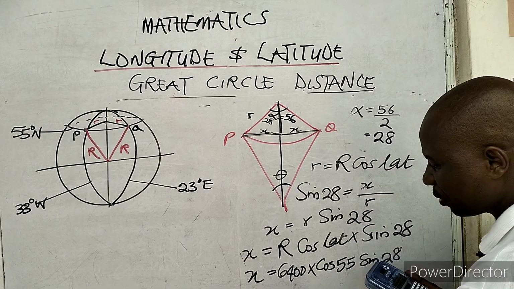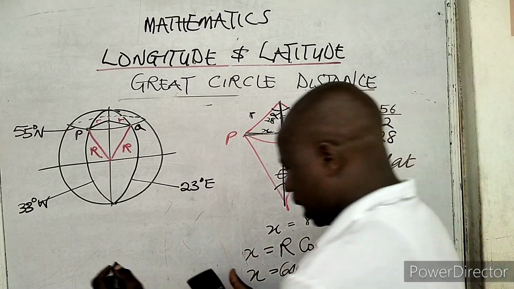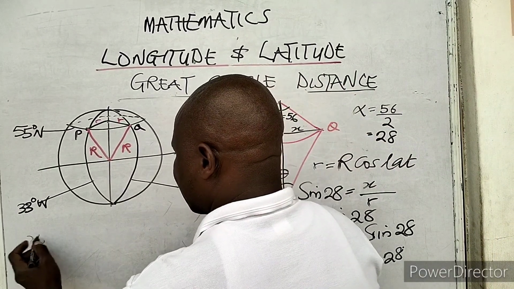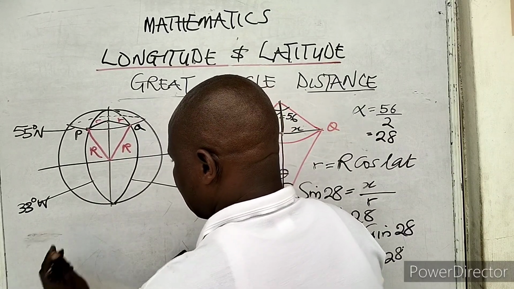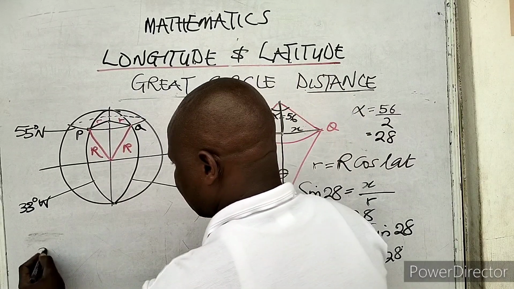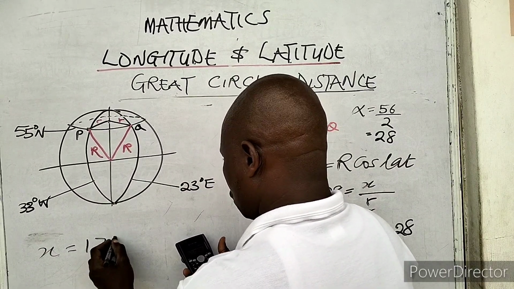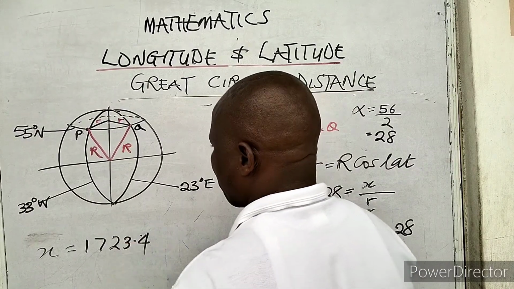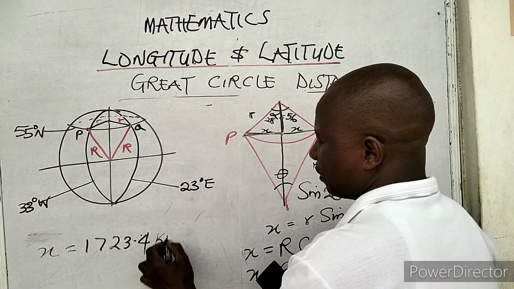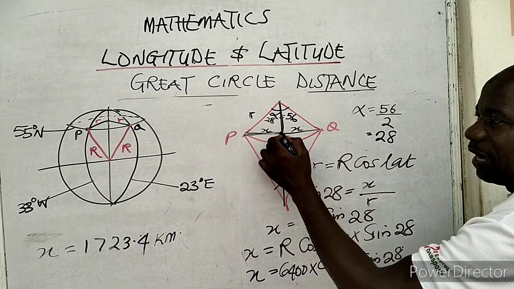Multiplying this gives us that our x is equal to 1723.4 kilometers.